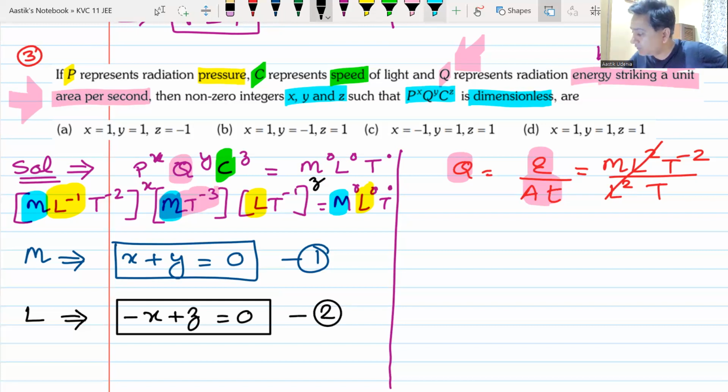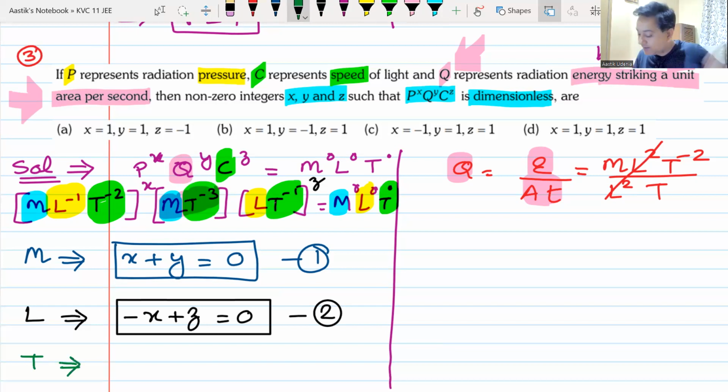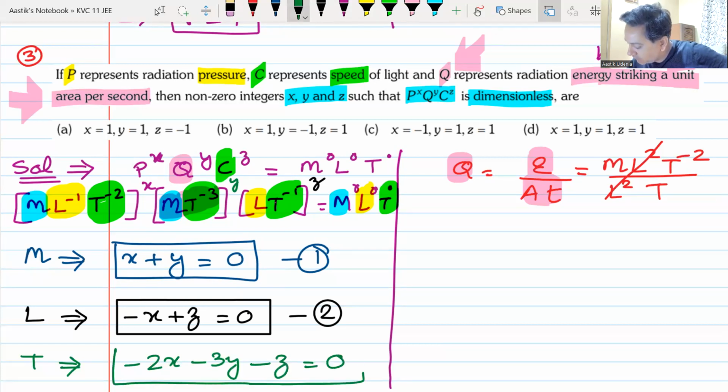Then I move on to the third one, and the third one is the green T. T is minus 2x here, minus 3 here, minus 1 here also. If I equate the coefficient of T, on the left hand side, I have minus 2x, minus 3y, minus z, that must be equal to 0.